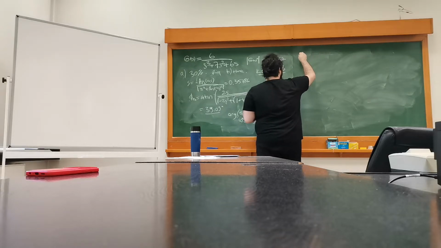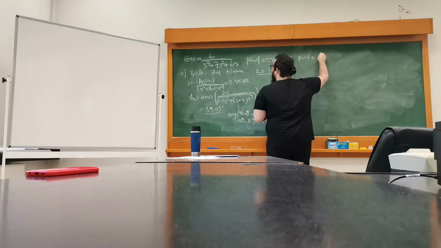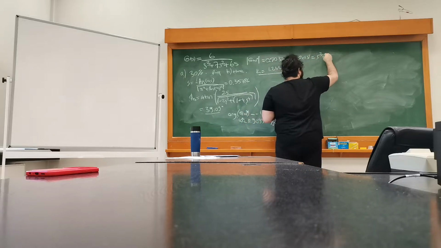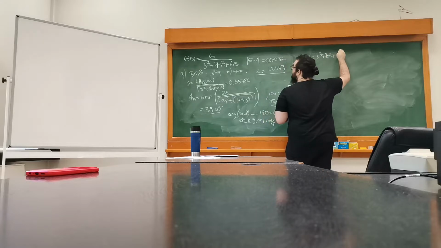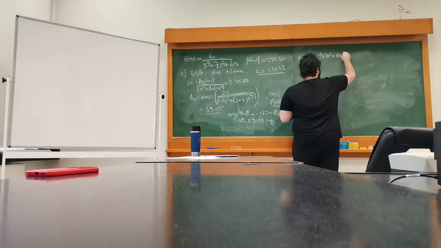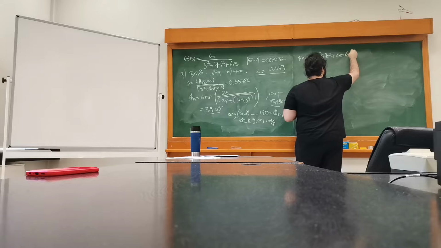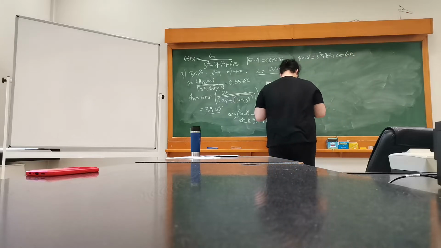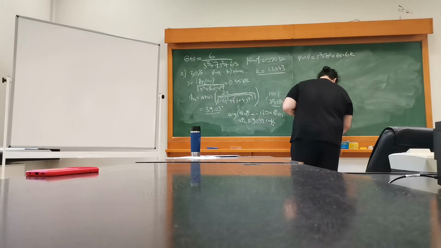We have a characteristic polynomial that will look like s cubed plus 7s squared plus 6s plus 6k. So that would be our characteristic polynomial.